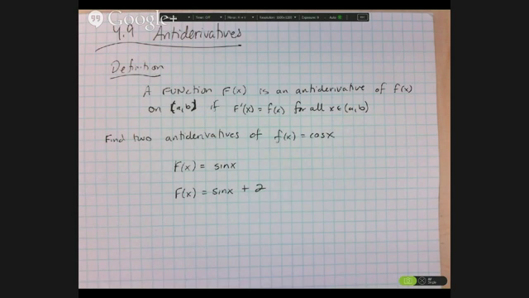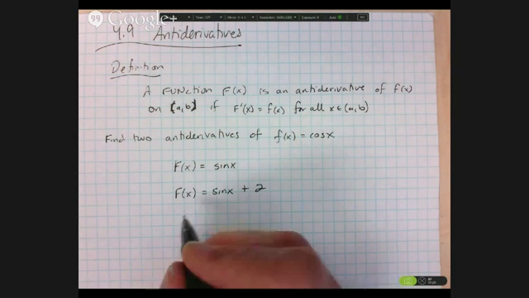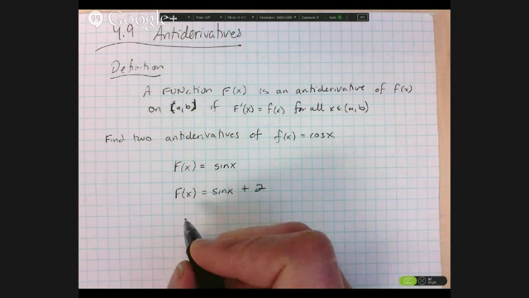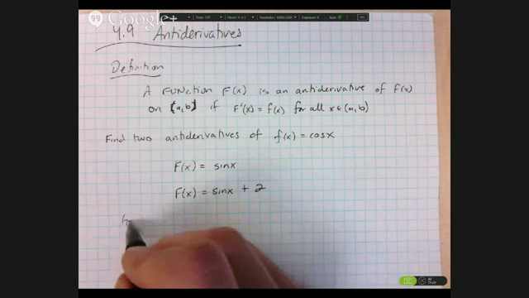Okay, what that plus C leads us to is something called the general antiderivative.